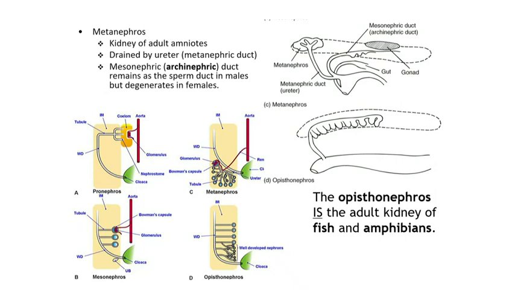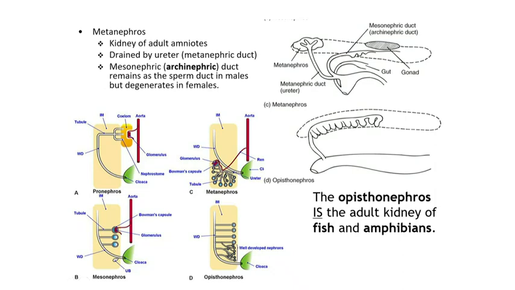In fact, some of the ducts that we see, and I'm just pointing these out, the metanephric duct and the mesonephric duct. First of all, the mesonephric duct is firstly a kidney draining type of tubule, but then it becomes the vas deferens or the Wolffian duct in a developing male.